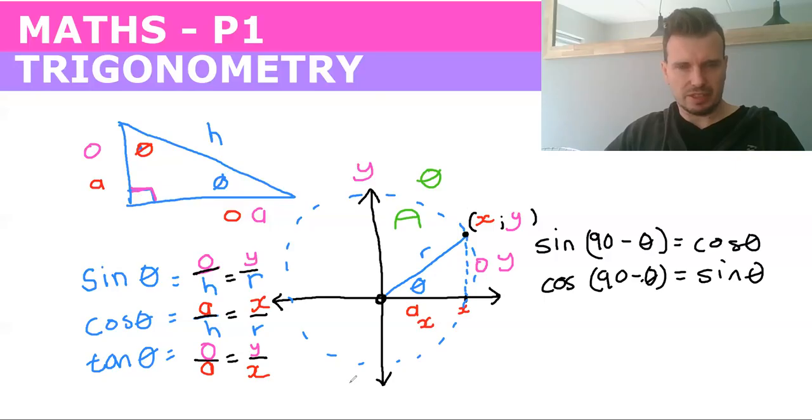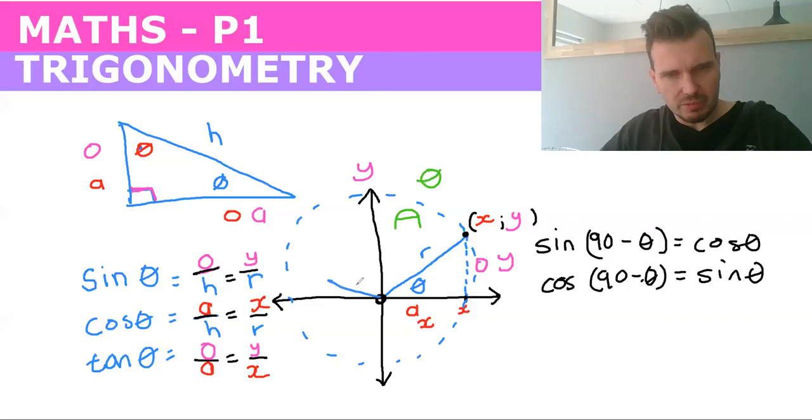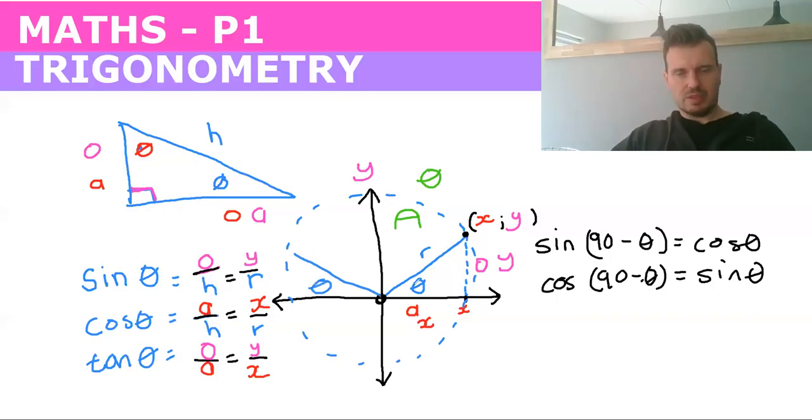Then this angle here, now say the theta was in the second quadrant, and it was the same here. So if we were to find this angle here, it's 180 minus theta. So in this quadrant, we have to just remember 180 minus theta. This is just part of the stuff you have to remember.